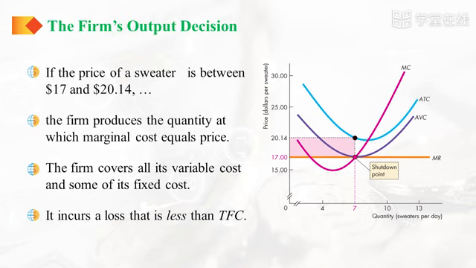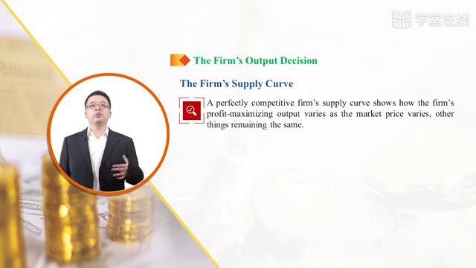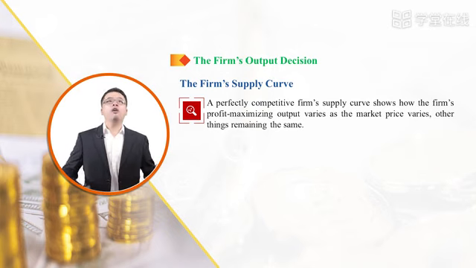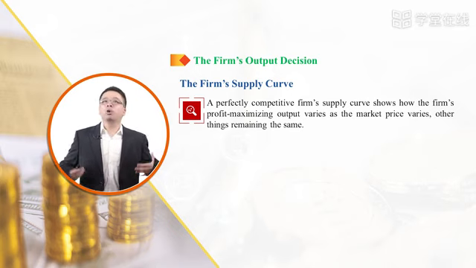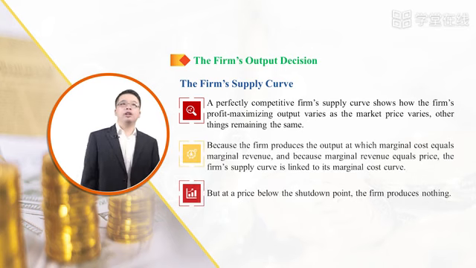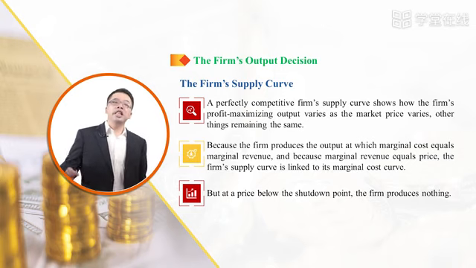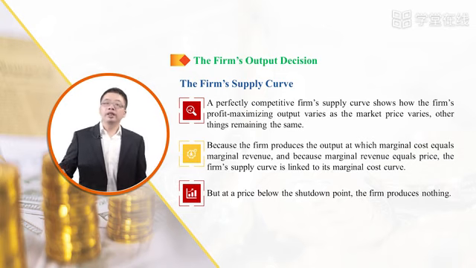So the firm's supply curve starts from the point at $17 per sweater. Okay, so a perfectly competitive firm's supply curve shows how a firm's profit-maximizing output changes as the market price changes, with all else remaining the same. Because the firm will produce at the point where MC equals MR, at a price higher than the shutdown point of $17.